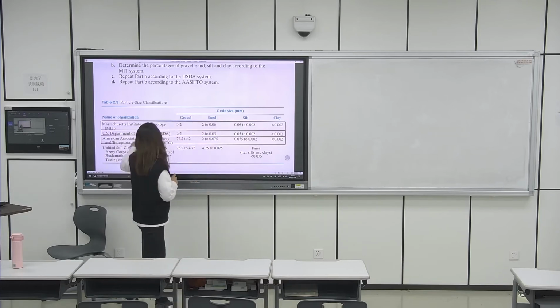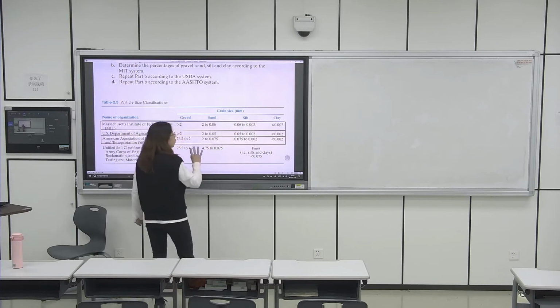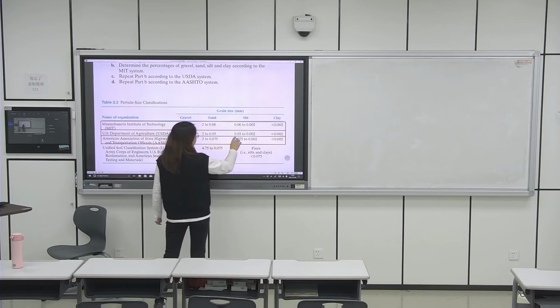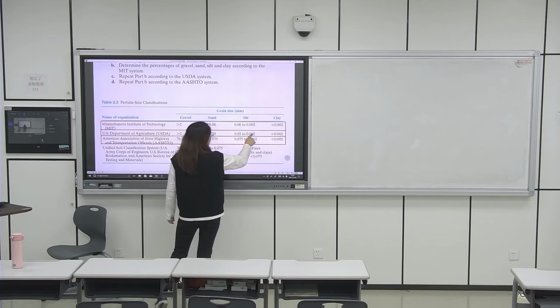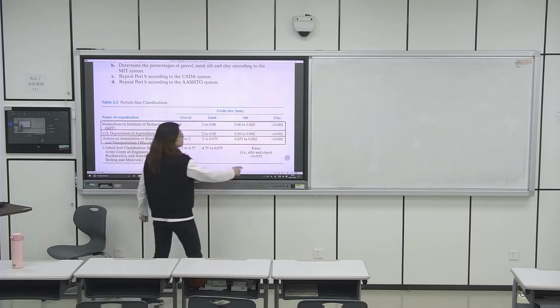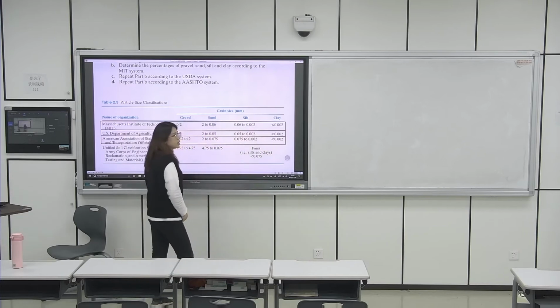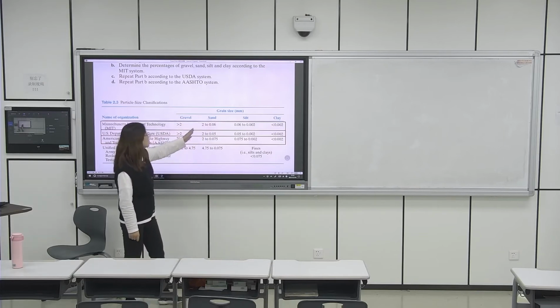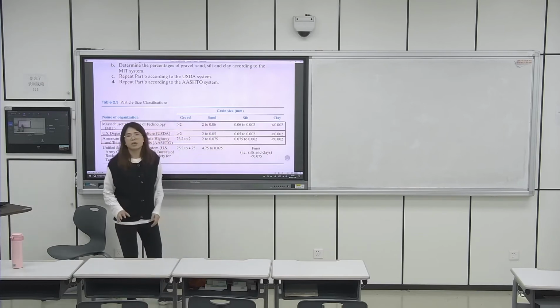For example, in the USDA system, silt means particles with size between 0.002 and 0.05 millimeter. And for clay, they are all the same, smaller than 0.002 millimeter. But you see for gravel, sand, and silt, there are some differences.